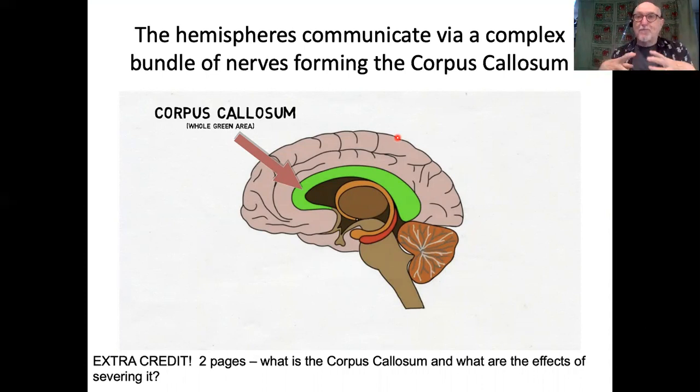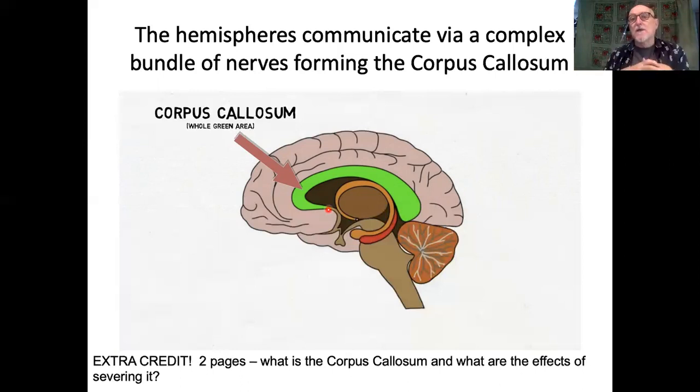That is what gives us the brain's power and also contributes to our consciousness and everything else. So the two cerebral hemispheres coordinate with one another largely through this band of tissue here. It's like an upside down C, and that is called the corpus callosum. It's a thick band of nerves which pass between the hemispheres so that they can communicate with one another.